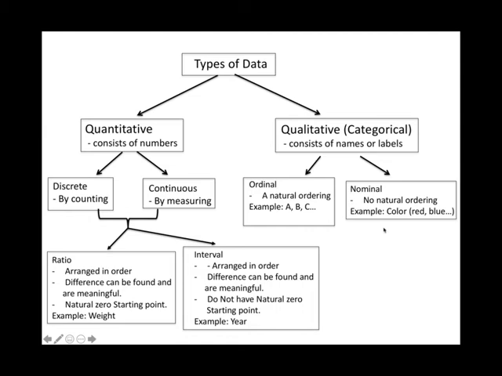Just like color, you can have red, blue, yellow, but they don't have an order. You could say yellow first, or you could say blue first. One more time: ordinal and nominal are both categorical because they're names or labels. Ordinal has a natural ordering. Nominal means there is no natural ordering.